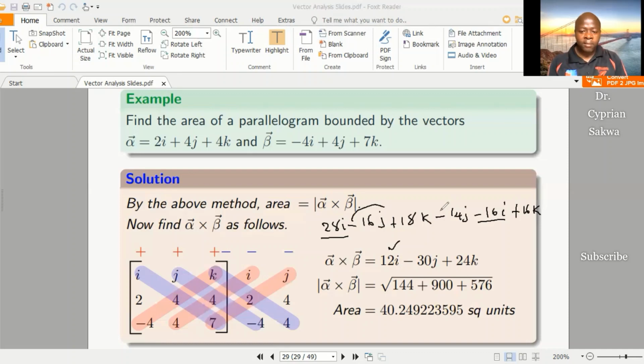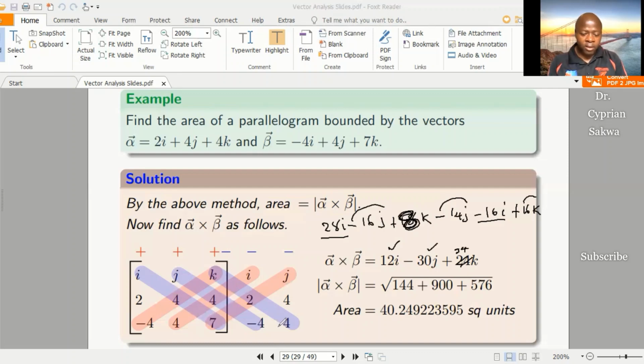-16j minus 14j gives me -30j. And then this other one, 18k plus 16k gives me 34? No, let me check.